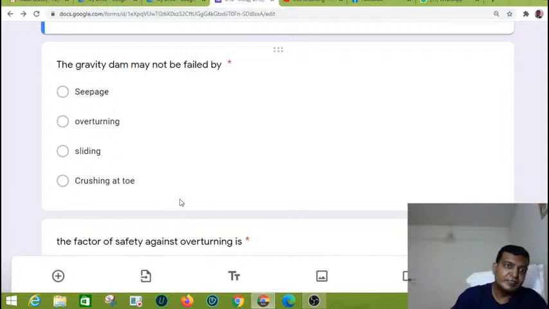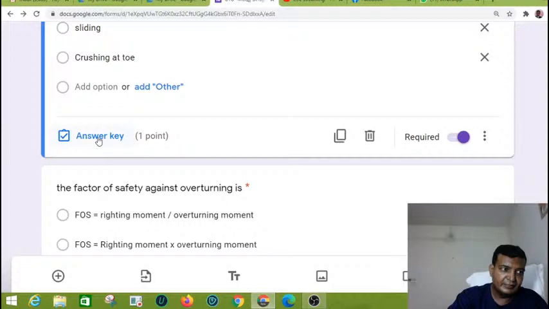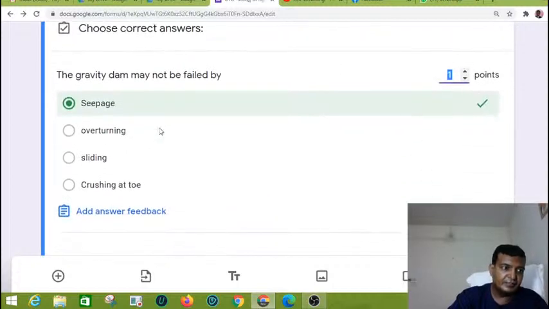So the answer is A for this case. You can see. I request all remaining students to put up your opinion in the chat box. The gravity dam may not be failed by seepage. It may be failed due to overturning, sliding, or crushing at the toe.